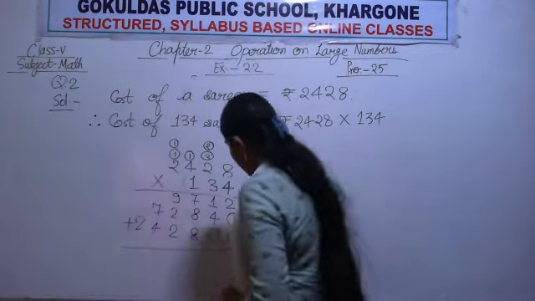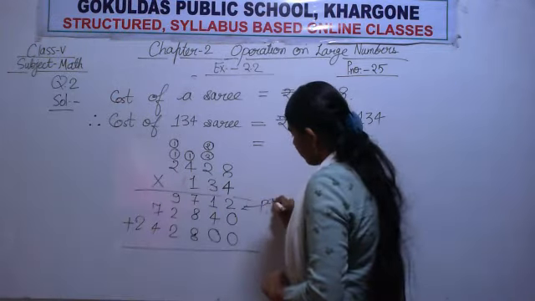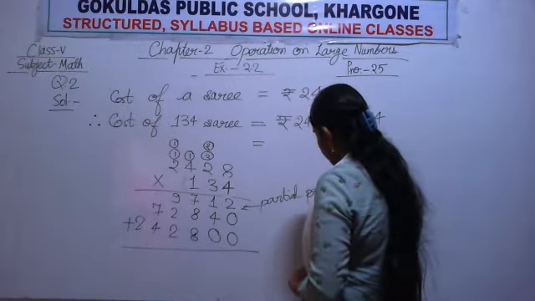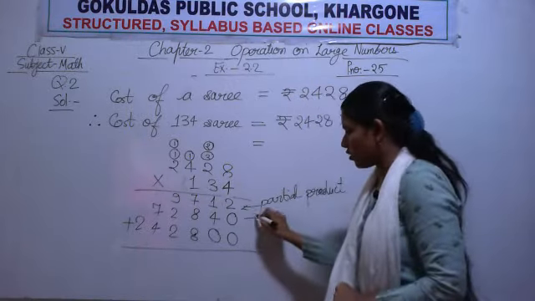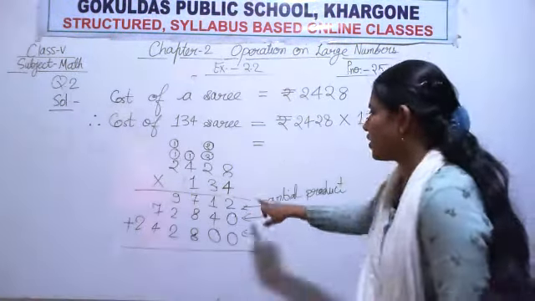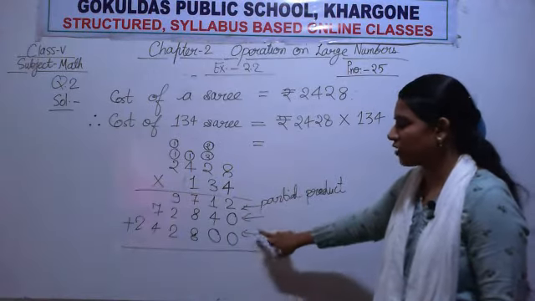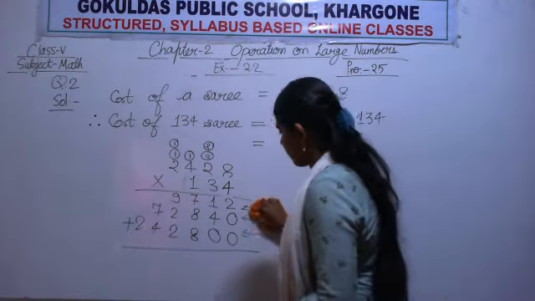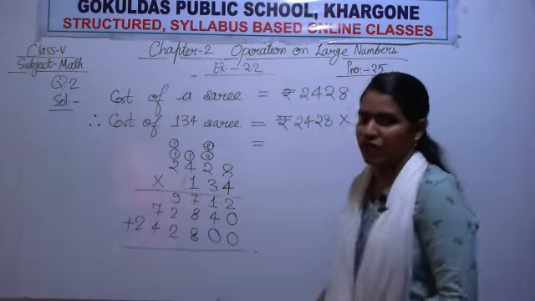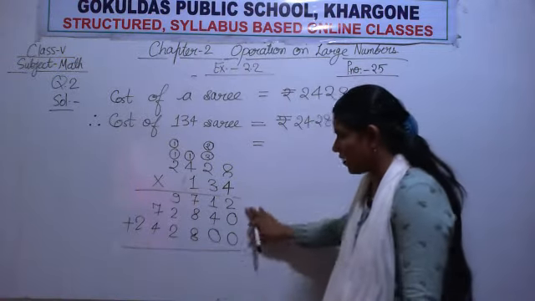We call these three results partial products. First partial product, second partial product, third partial product. So now you will add all these partial products to get your final answer.